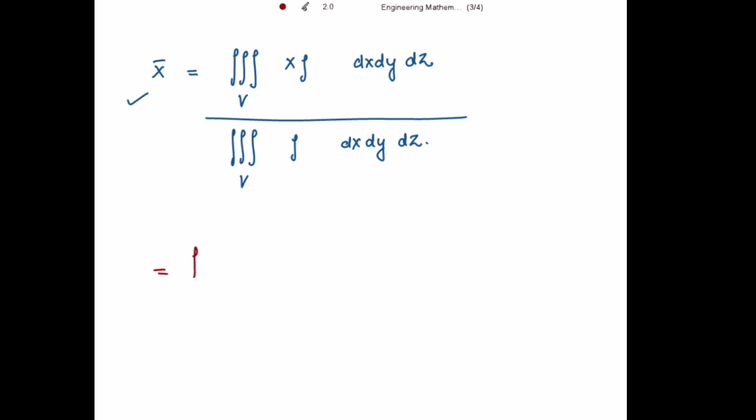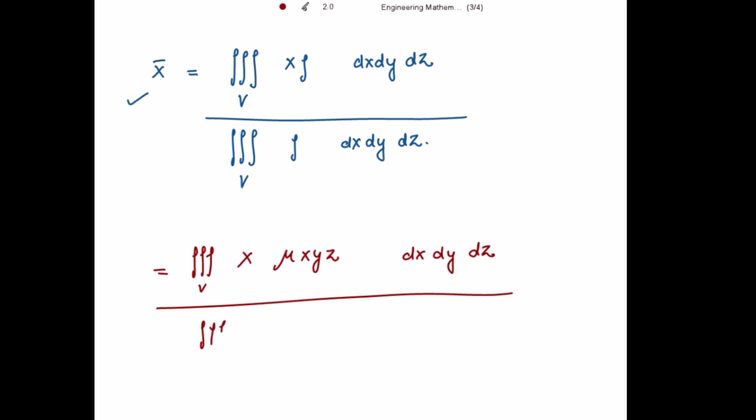So this is equal to the volume integral. Okay, what is rho? It is given to us, it is mu into x y z, then dx dy dz, divided by the volume integral of, again rho is mu x y z dx dy dz, where mu is constant.